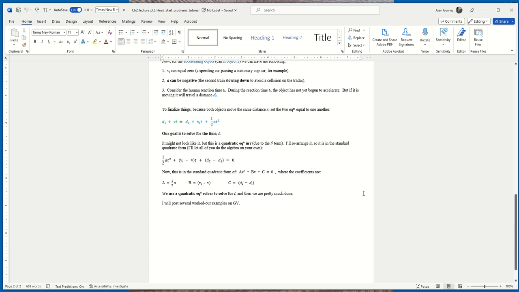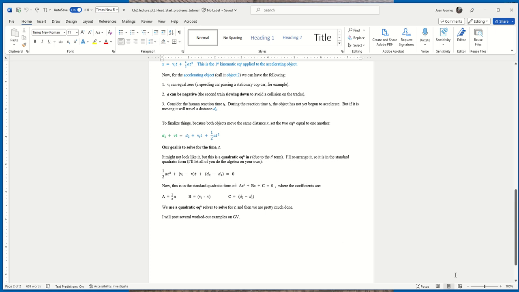Then you just plug the coefficients into a solver. This is not an algebra class. You all can do the algebra. You might have a solver programmed into your calculator, and there are plenty online. What you want to do is solve for t.